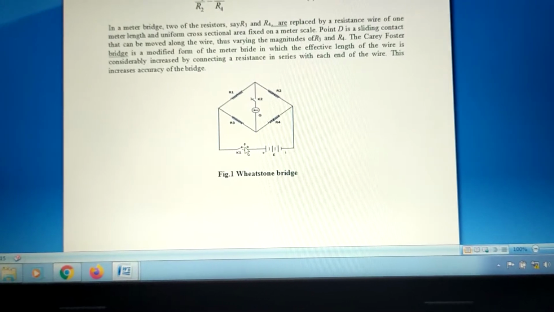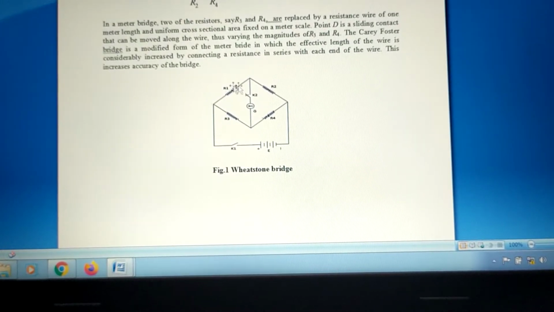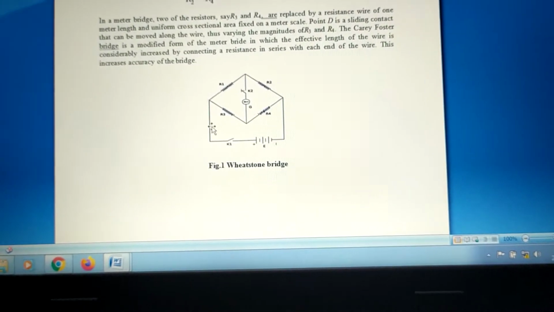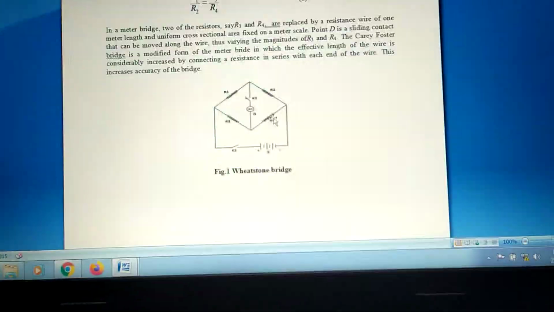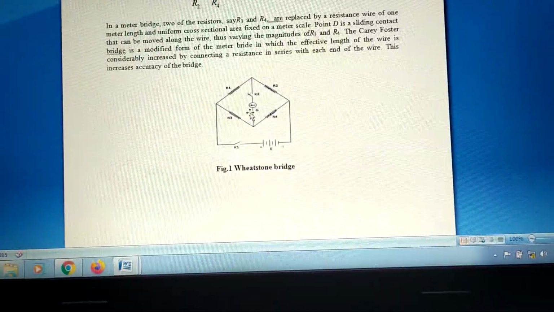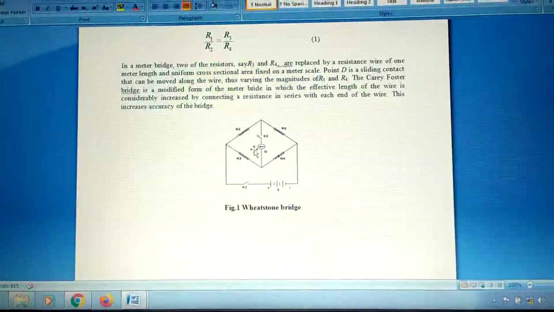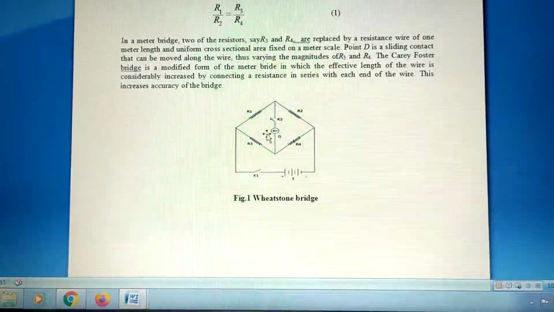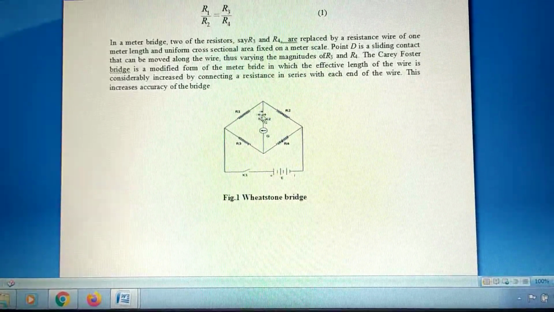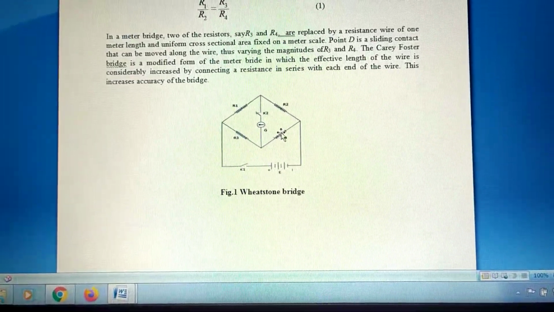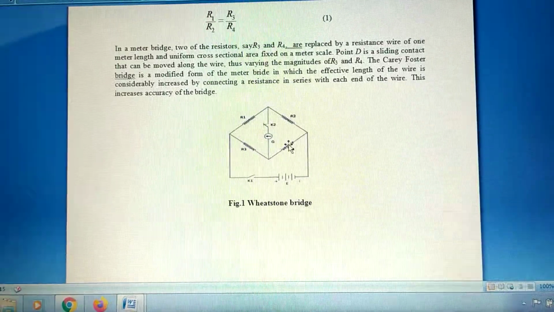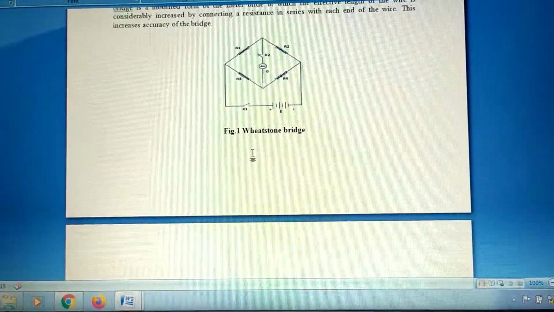So what is the balance condition? The balance condition means the ratio R1 by R2 equals R3 by R4. At the balance condition, the galvanometer shows zero deflection. The Carey-Foster-Bridge is based on this Wheatstone-Bridge principle. So if you know three resistances R1, R2, R3, you can easily calculate the fourth resistance.